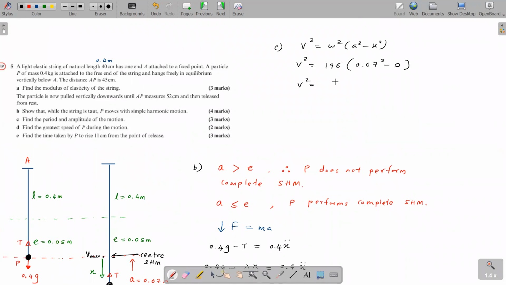Guys, how much is it? 196 times 0.07 squared is 0.9604, and take the square root of that. That's an exact figure. So the velocity is 0.98 meters per second. So that's the maximum speed.